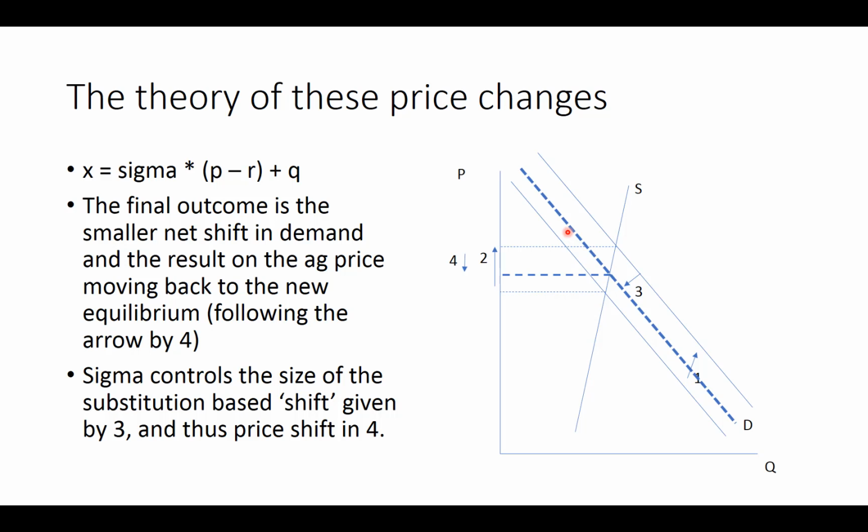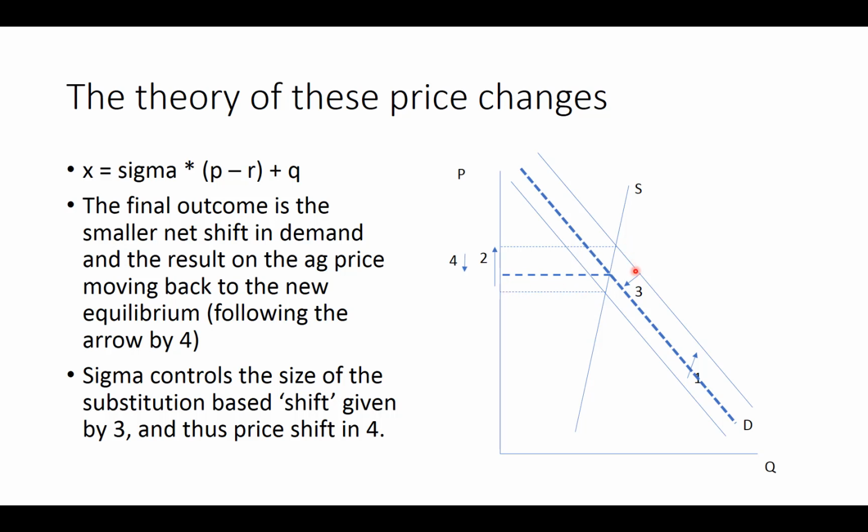Okay. And so what's the substitution's role? Well, that's the role of the price relationship. The final market is going to have some demand shift, and it's going to give you some change in the final product price. The substitution role is to change us from having to feel the full effect of the price increase of 2, to instead getting the price increase of 2 and then taking away the price decrease that comes in 4, so that you end up with this smaller price change as measured on this axis.